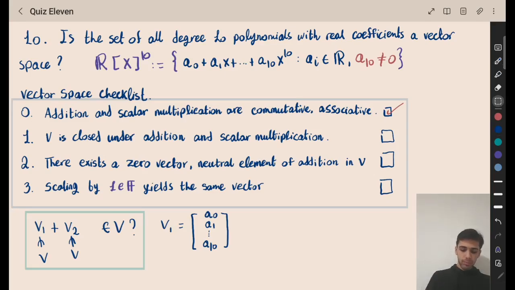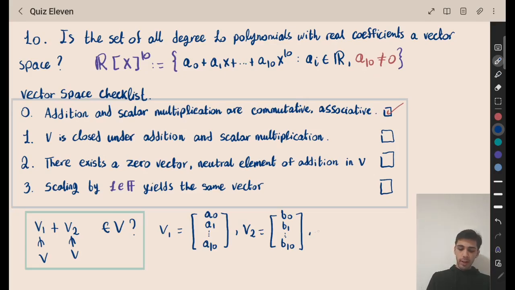But let's just skip the technicalities. V2 would be, let's say I'll call it b0, b1, dot dot dot b10. So something that's different. And the conditions on the coefficients apply.